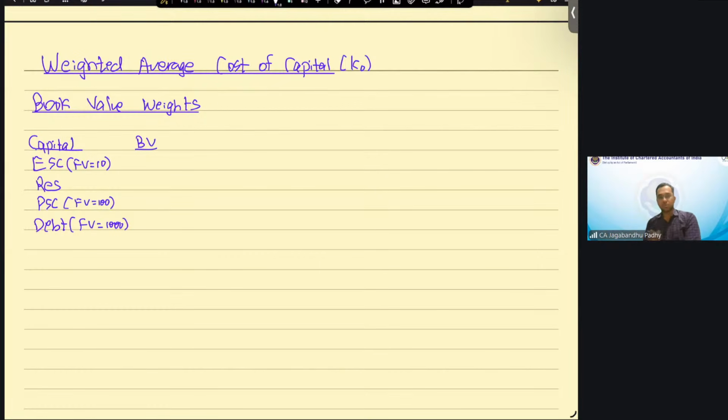So in our books, equity share capital is, let's say, 10 lakh, reserves 15 lakhs, preference share capital is 10 lakhs, and debentures 25 lakhs.